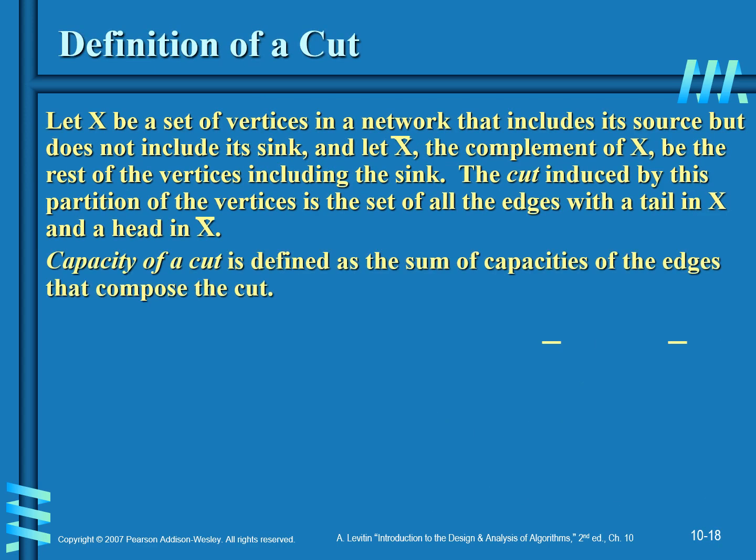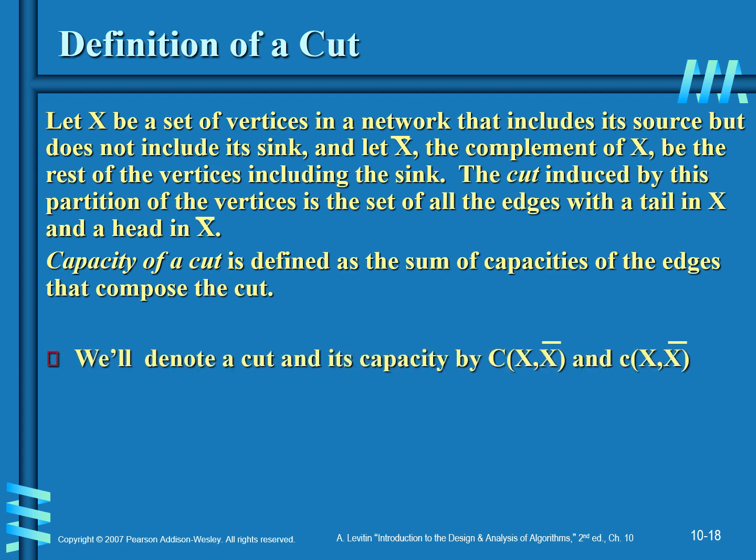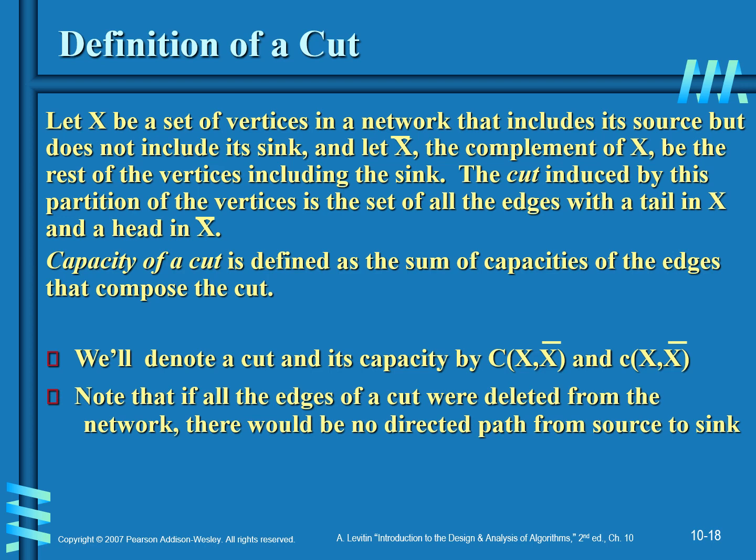In order to find that, you need to see what the cut is. We'll denote the cut as C of x comma x bar. A cut will have some set of edges.